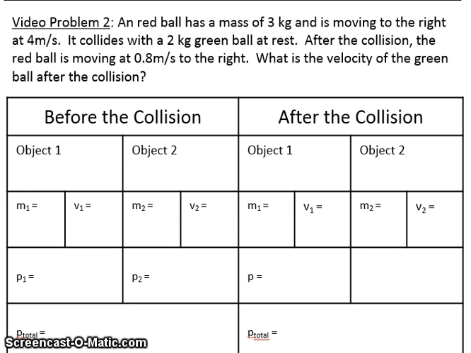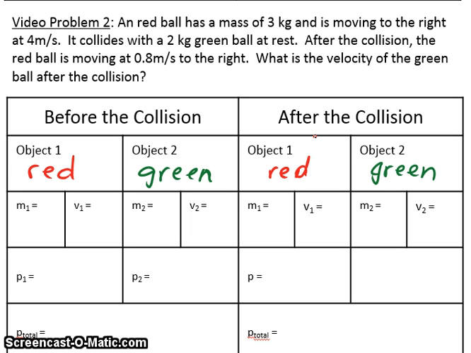So again, identify your objects with the red ball, and we have the green ball. Let's use some color this time. And then after the collision, still green for object 2, and object 1 is still red. So let's fill in our information, what we know. The red ball has a mass of 3 kilograms, moving to the right at 4 meters per second.